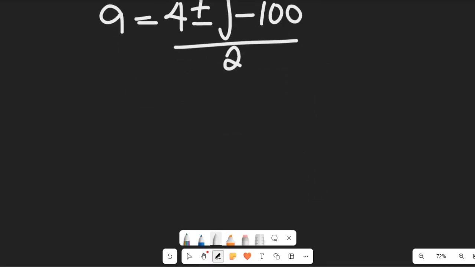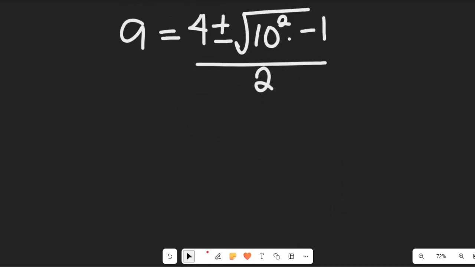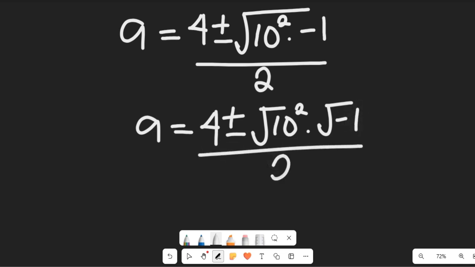The value of my a over here can now be equal to 4 plus or minus. I can simplify this to give me 10 squared multiplied by negative 1, right? And all of these will be divided by 2. So the value of our a will now be equal to 4 plus or minus the square root of 10 squared multiplied by the square root of negative 1, all divided by 2.